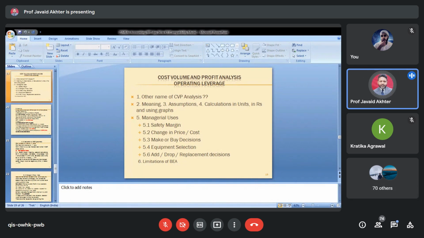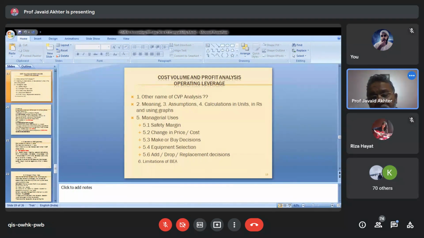For example, if you produce 1 unit, the variable cost is rupees 10. If you make 100 units, what will be the variable cost? 1,000. And if you make 10,000 units? 1 lakh.